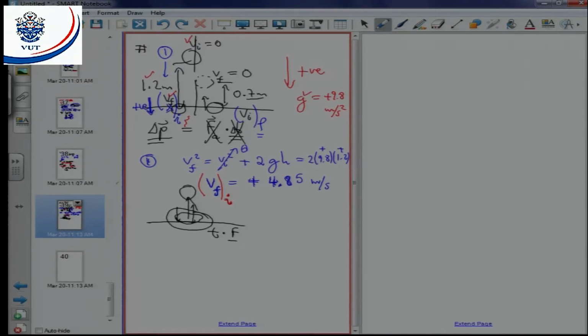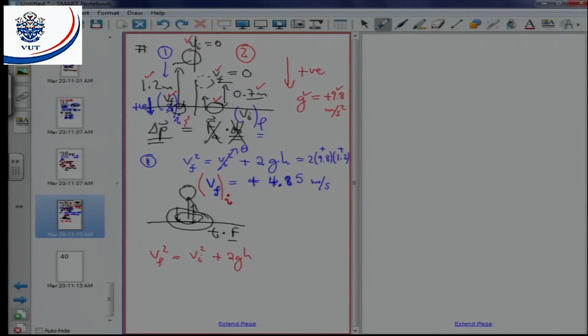Okay, now we are going to look at 2. For 2, we know the final speed is 0, we know the height is 0.7, we know g, and we want the initial speed. So again we use Vf squared equals Vi squared plus 2gh.